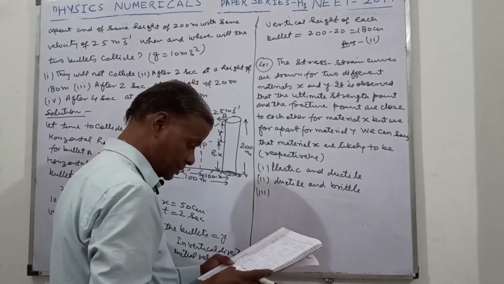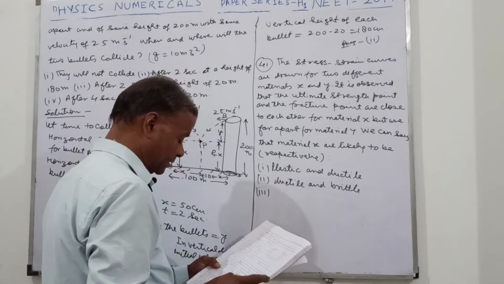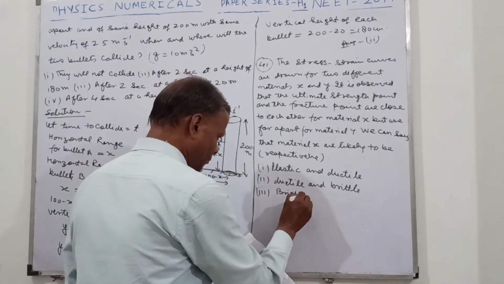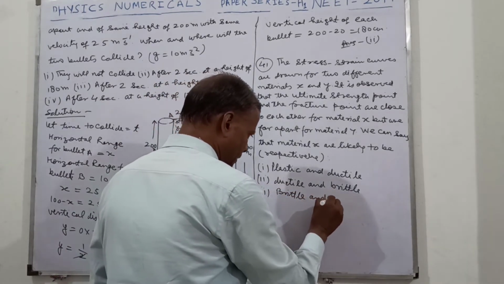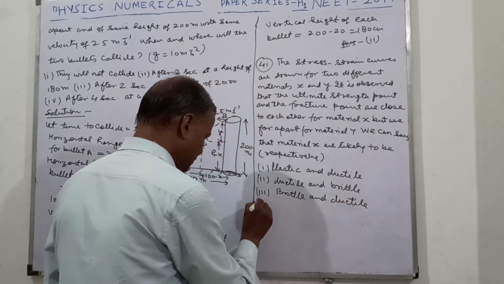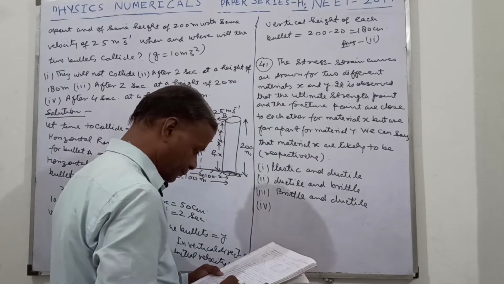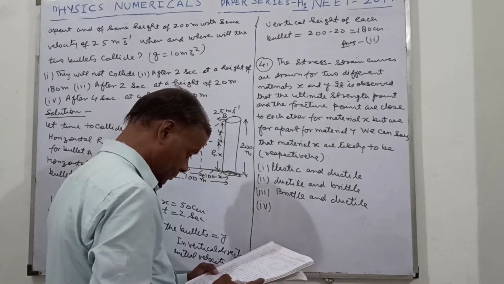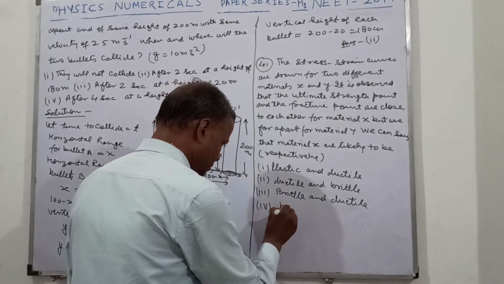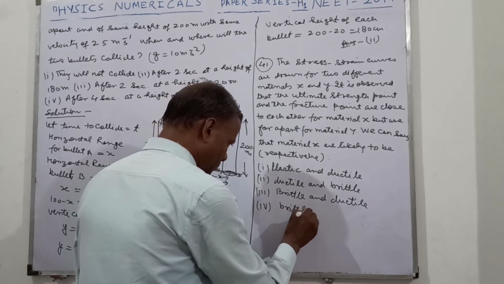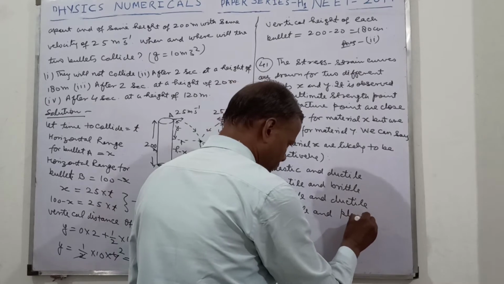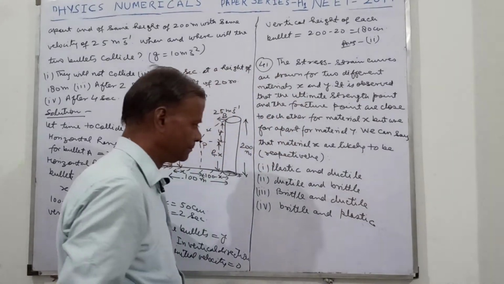Third option is brittle and ductile. And fourth is brittle and plastic.